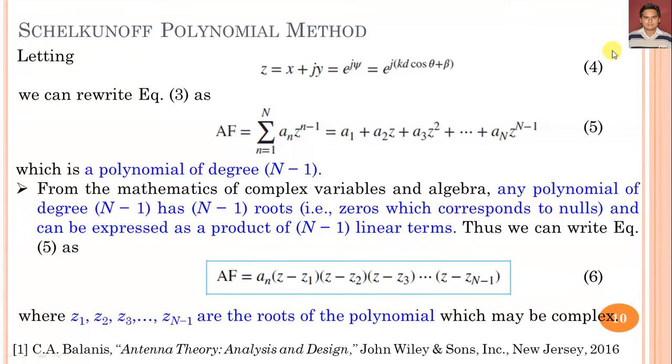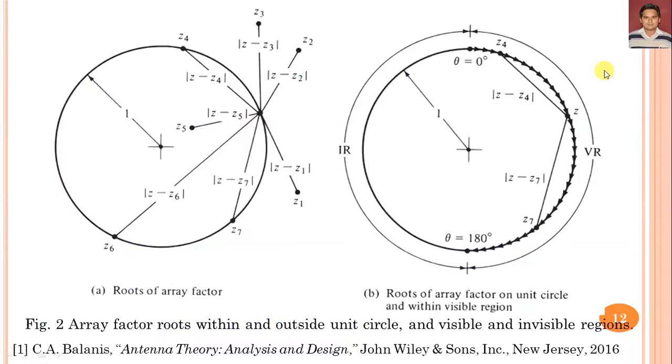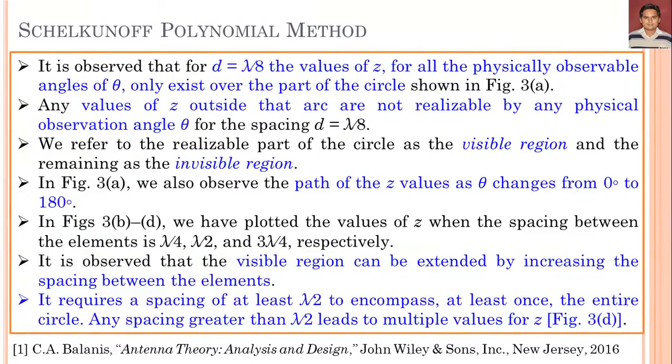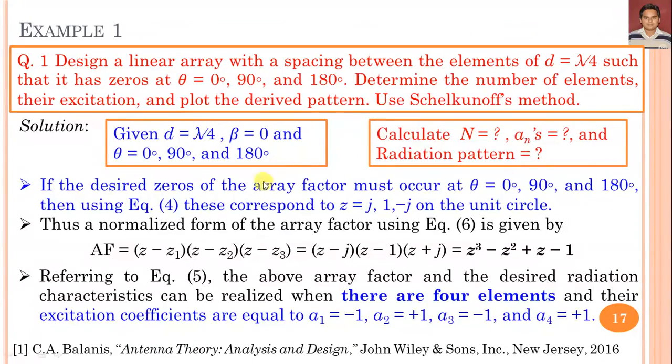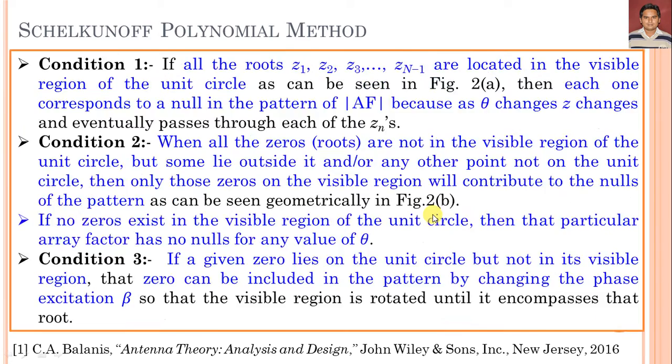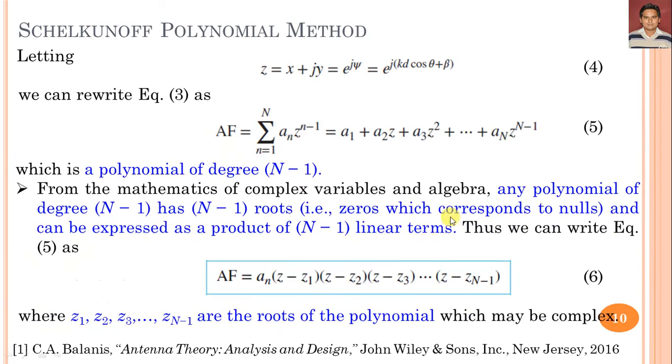By using this equation 4, we can calculate the corresponding roots, which exist at z equal to j, 1 and minus j on the unit circle. Thus a normalized form of the array factor can be calculated by using equation 6. By using this equation we can calculate the array factor.